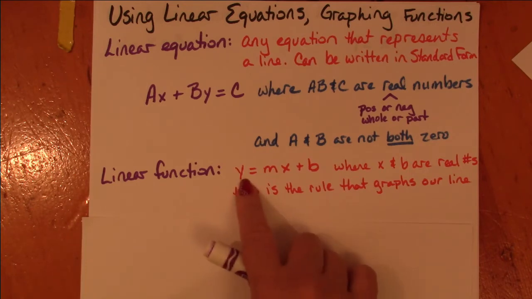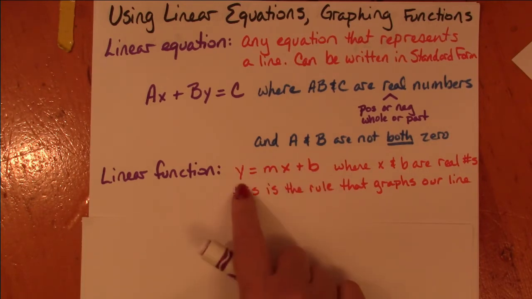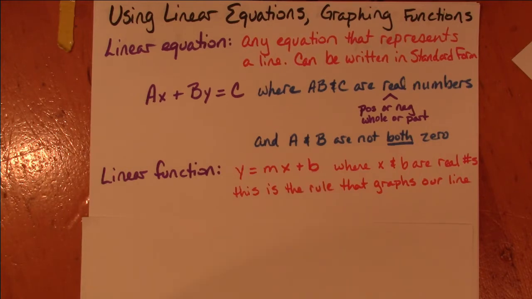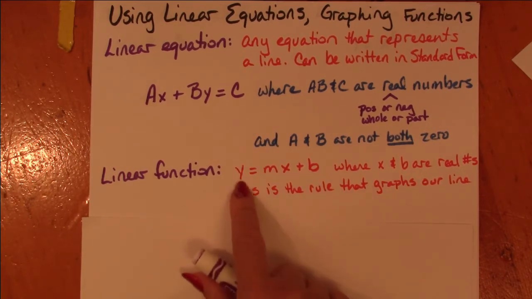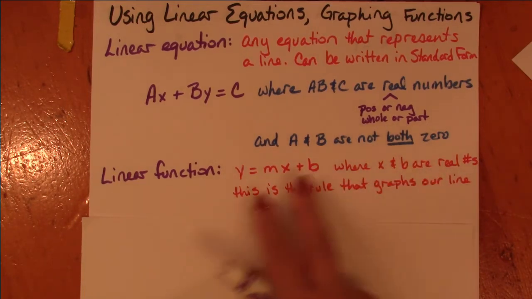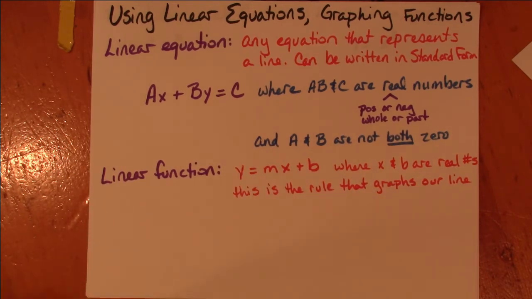We're going to go into the particulars of this form of equation a couple of sections from now. But for the most part, this version is going to be your friend.